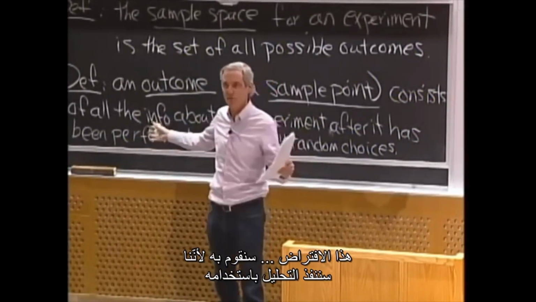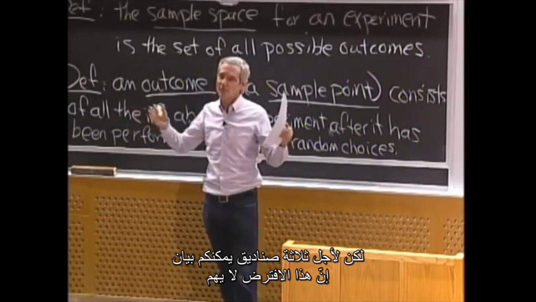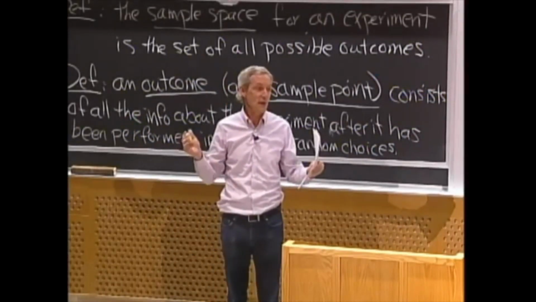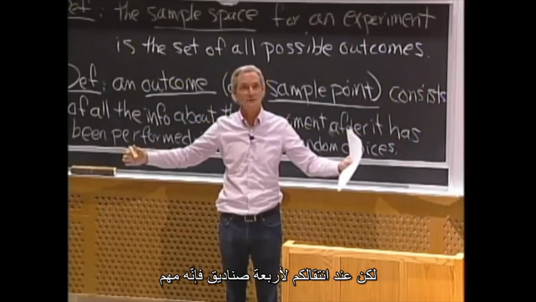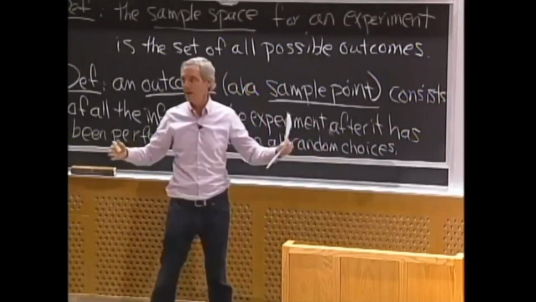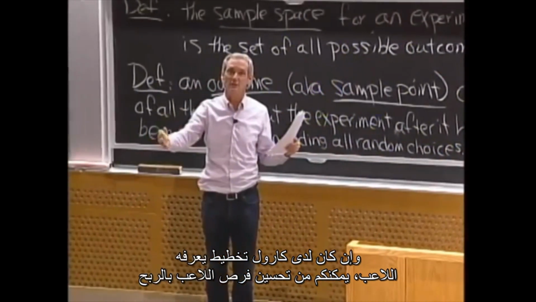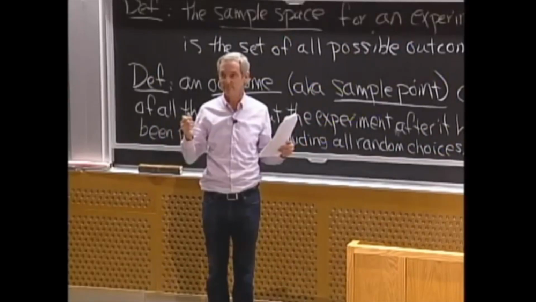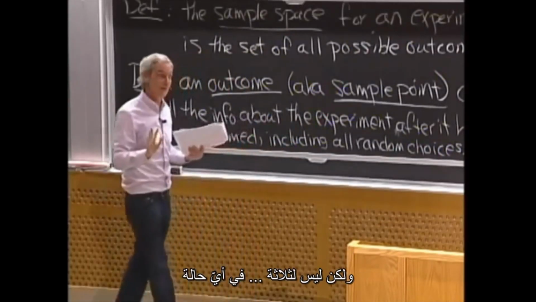We're going to make it because we're going to do the analysis with it. But for 3 boxes, you can show that it really doesn't matter. But if you go to 4 boxes, it does. And so in recitation tomorrow, you're going to consider the 4-box version of this game. And if Carol has a strategy that the player knows about, you can improve the player's chances of winning. All right, but not for 3, it turns out.